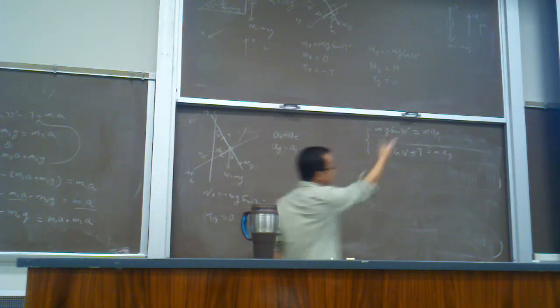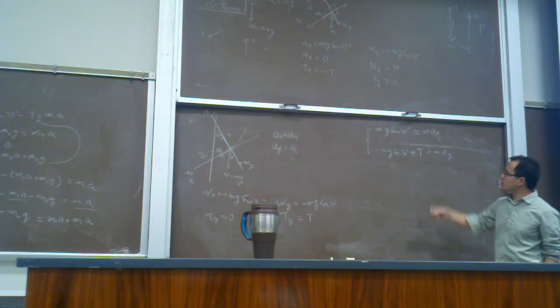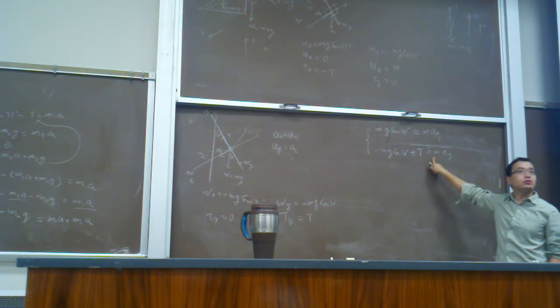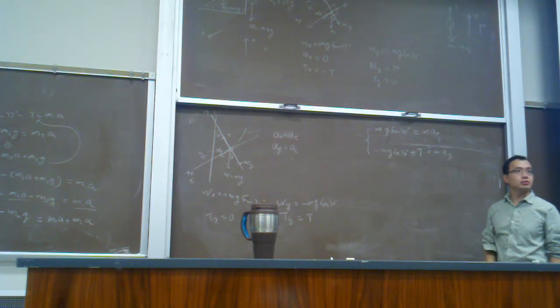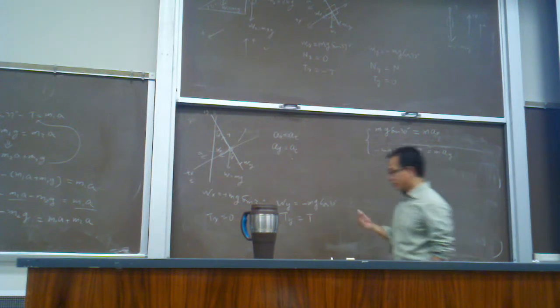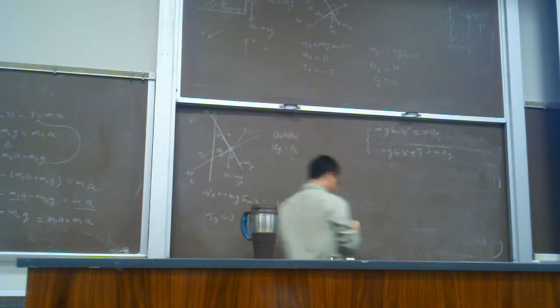So, and then you will get the two equations. And after we calculate the two accelerations, then we can calculate the tension. So everything is contained in the two equations, right? Newton's second law is the most general equation we can use for all the problems.